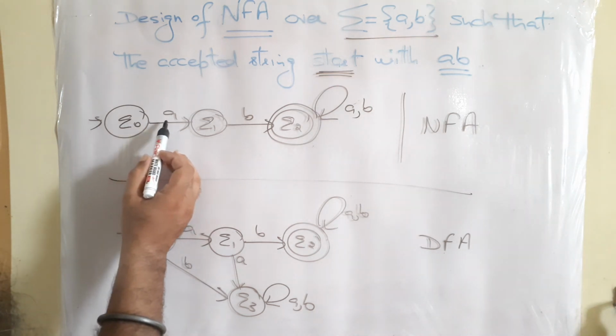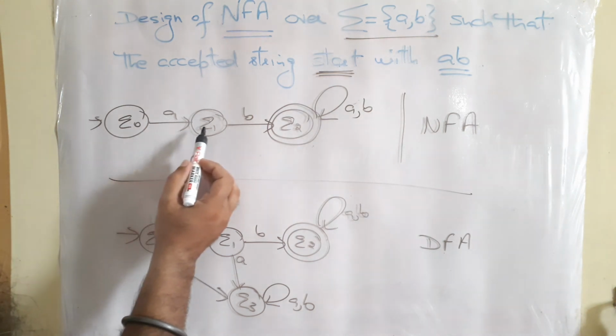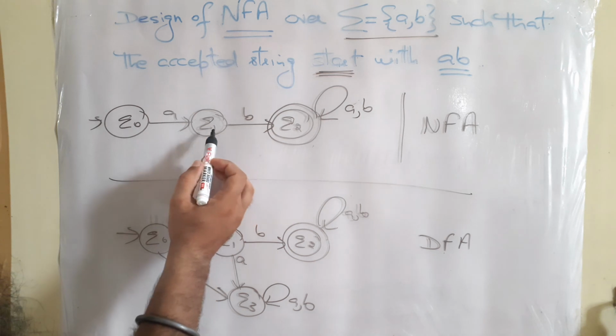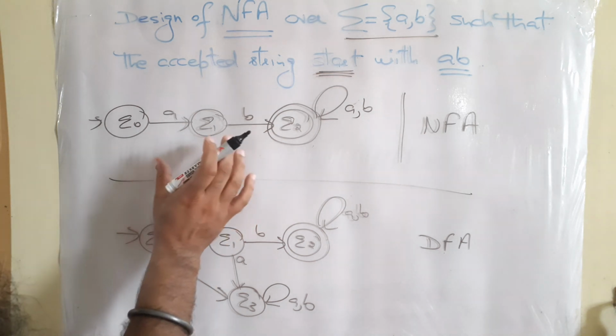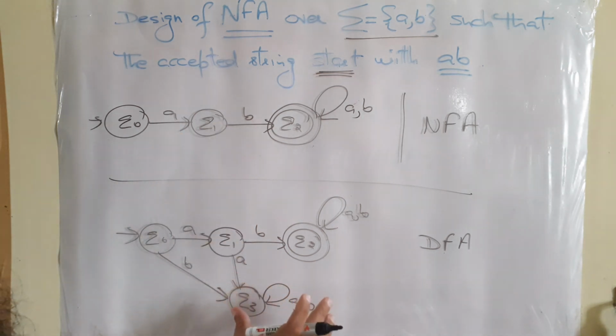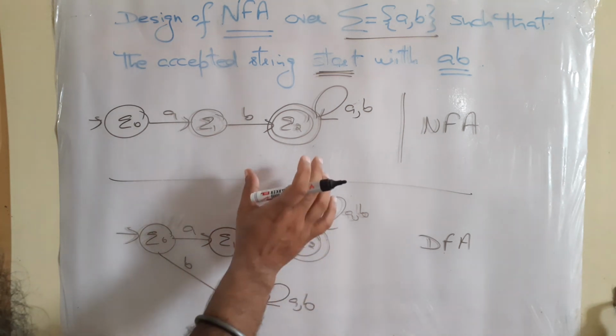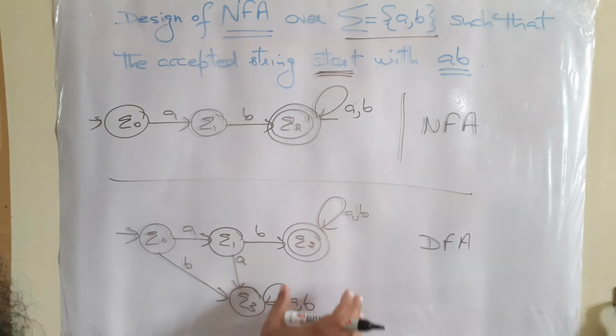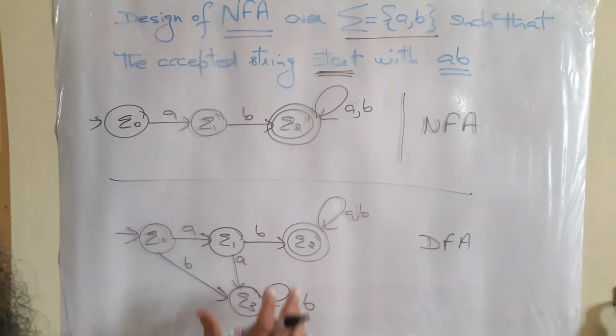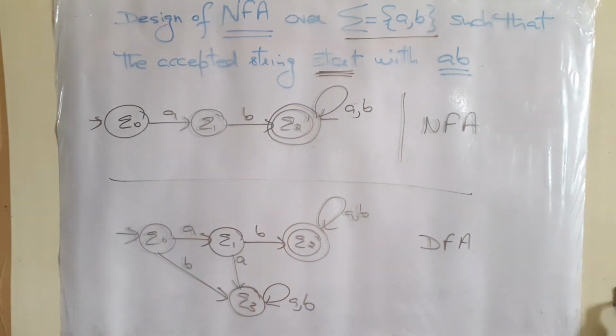Here q0 only responds to a, not to b. Similarly, q1 responds to b, not to a. So that's all for this example. I hope you are able to understand the NFA as well as the difference between NFA and DFA with the help of the same example. Thank you.